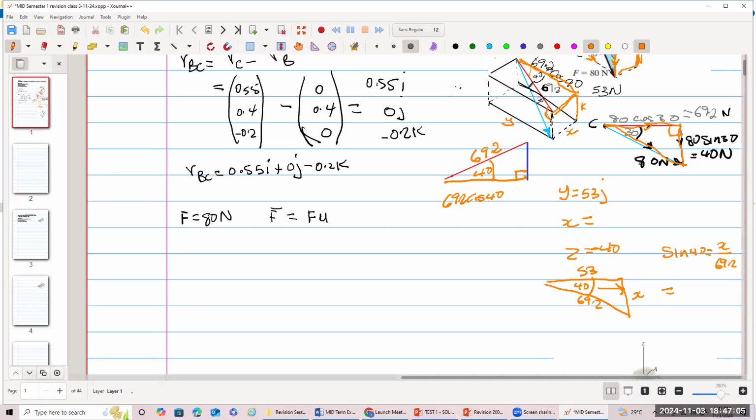So therefore x is equal to 69.2 times sine 40. What's that work out to be? We are getting 44.